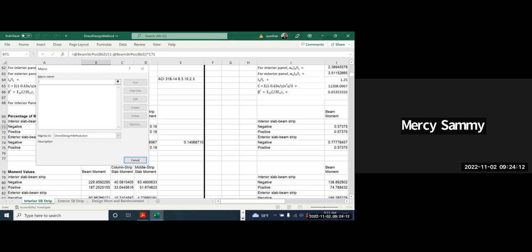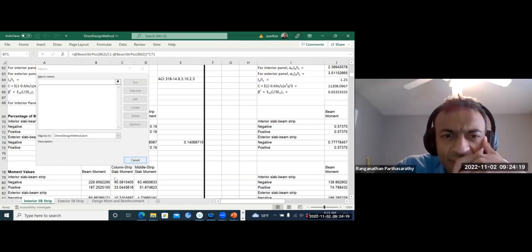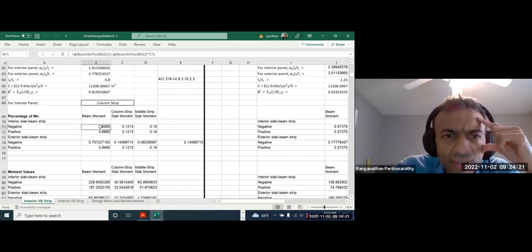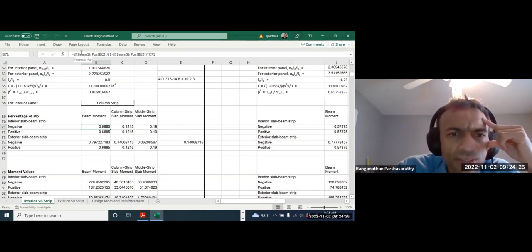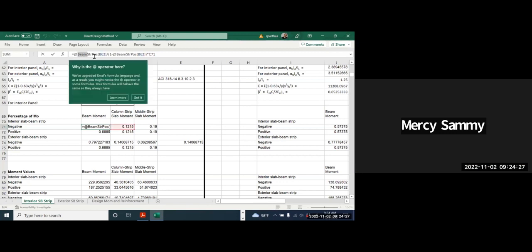There's nothing recorded because there should be something under macro name. It should have a list of names. No, it is active here. This is the name I made for each of those. Oh, your developer is not on. Is your developer on?